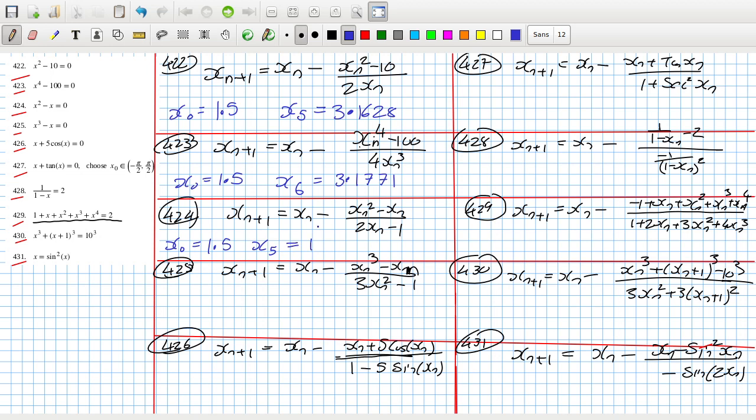So 1 exactly. 1.5, answer minus answer cubed minus answer over 3 times answer squared minus 1. So x0 is 1.5. 1, 2, 3, 4, 5. x5 is 1.